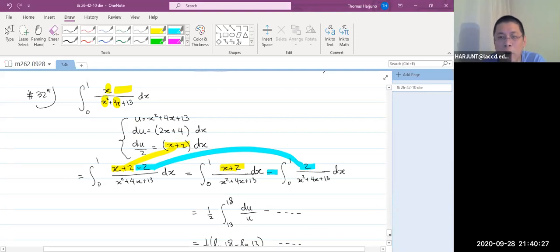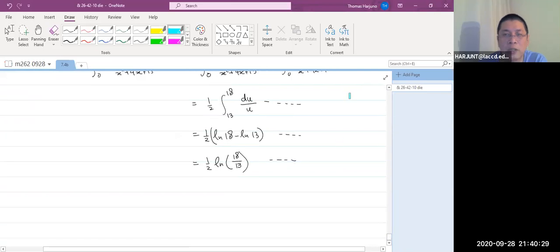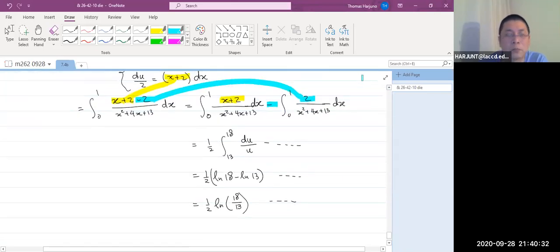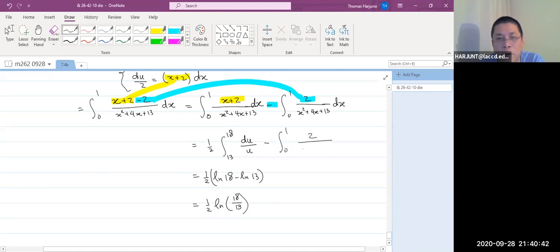Now I will work on the second term. Don't detach your integration though. Here this is the integral from 0 to 1 of 2 over x plus 2 squared plus 9 dx, and then you do your substitution.